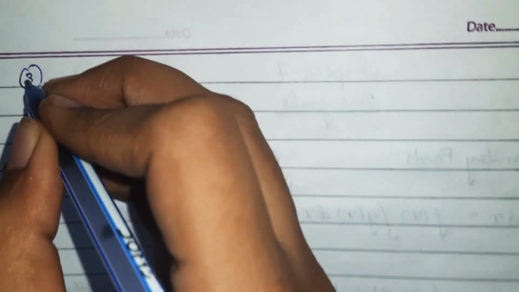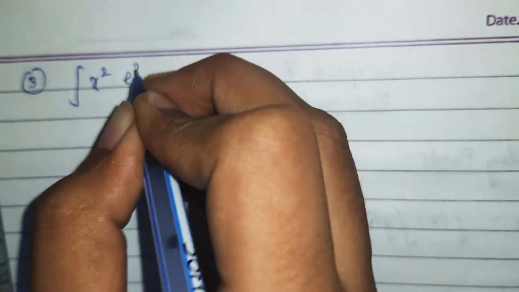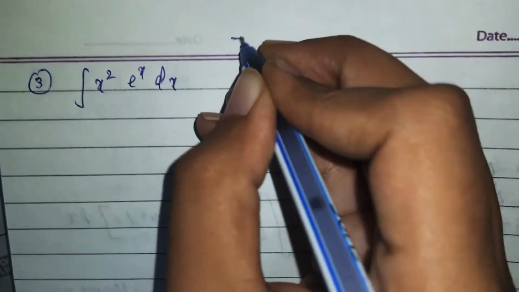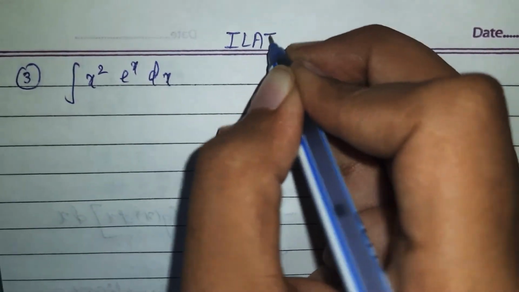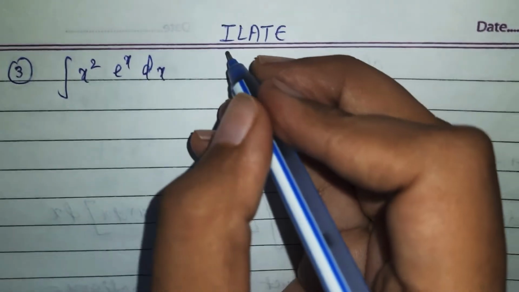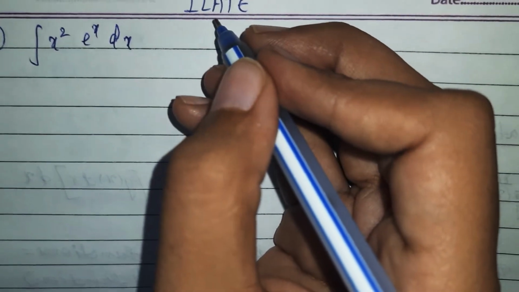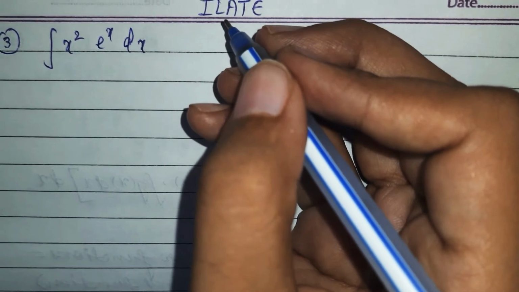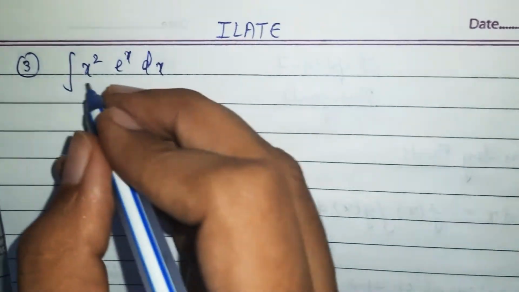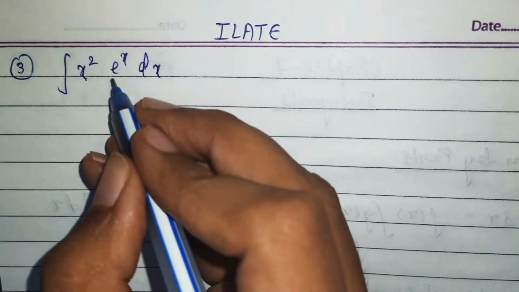Now come to question number three. In question number three, they will be giving you x square e^x dx. So ILATE, you need to follow this order like BODMAS. In the ILATE, this is your algebraic, this is your exponential.